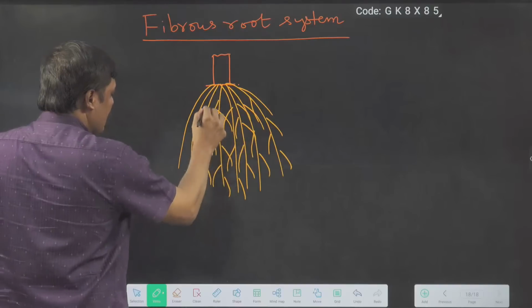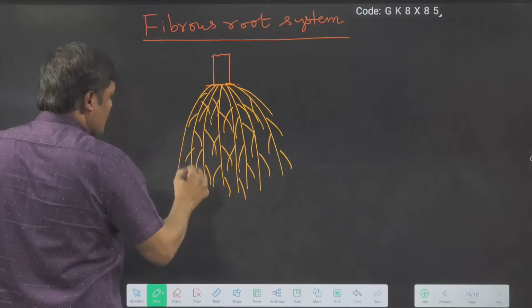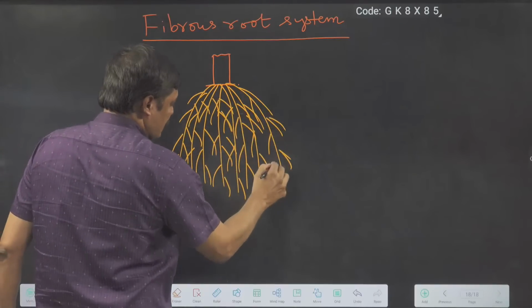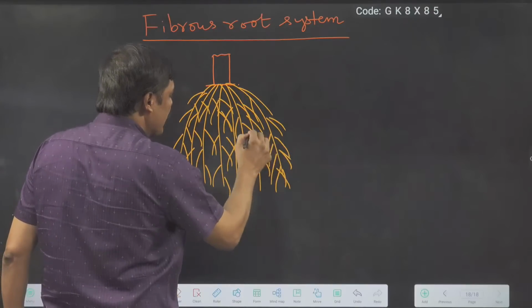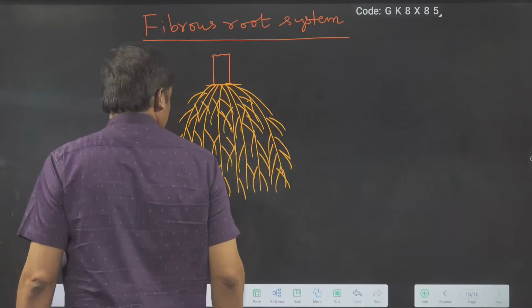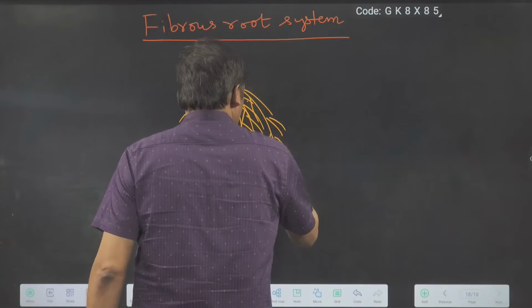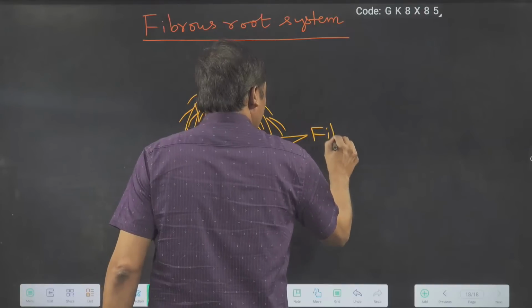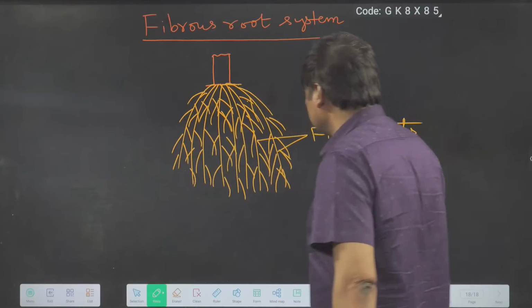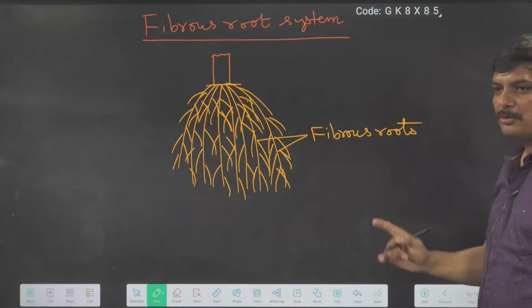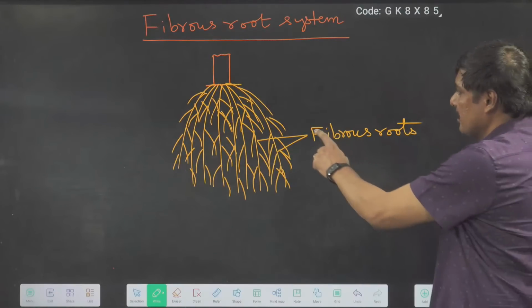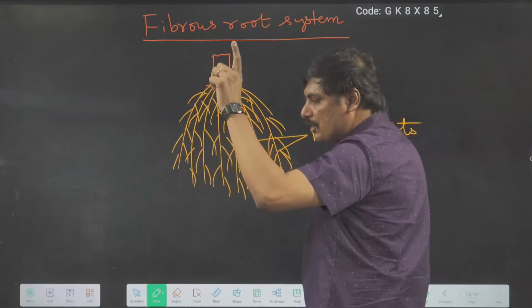Primary, secondary, tertiary roots are called lateral roots. See all of you here. From the base of the stem, a group of roots arises, and these roots look like fibers. That is why these are called fibrous roots. So you have to discriminate tap root from fibrous root system. See here, the primary root is short-lived.